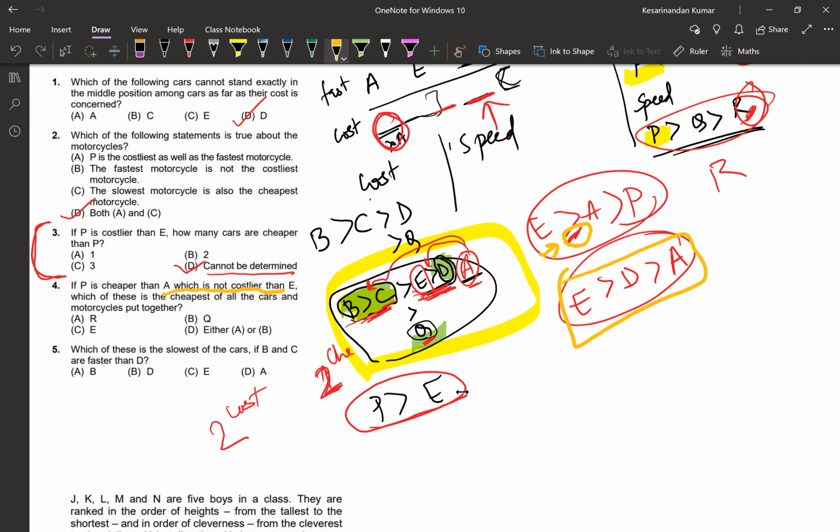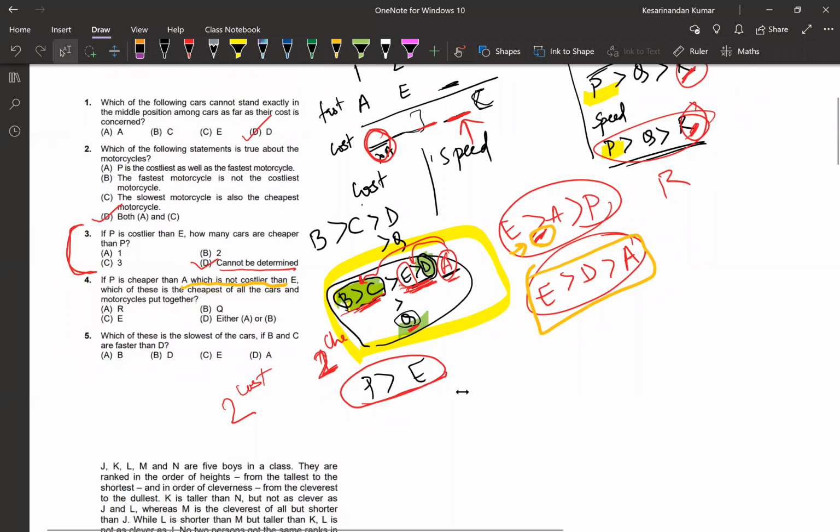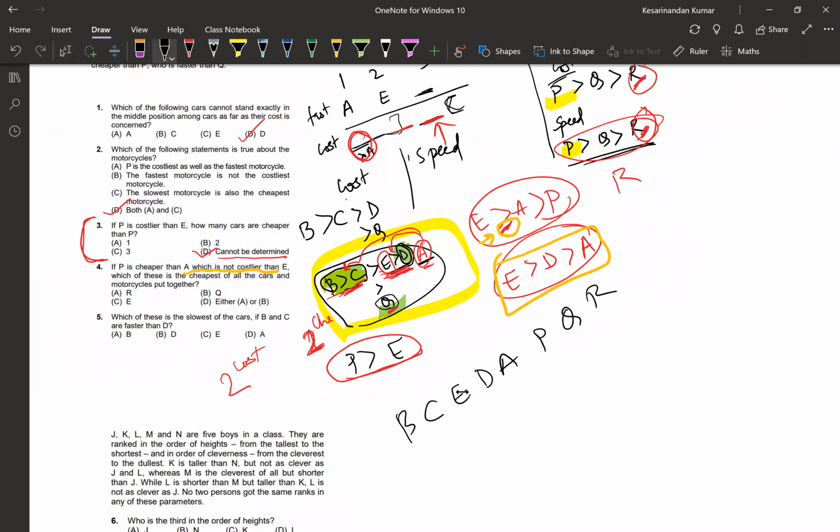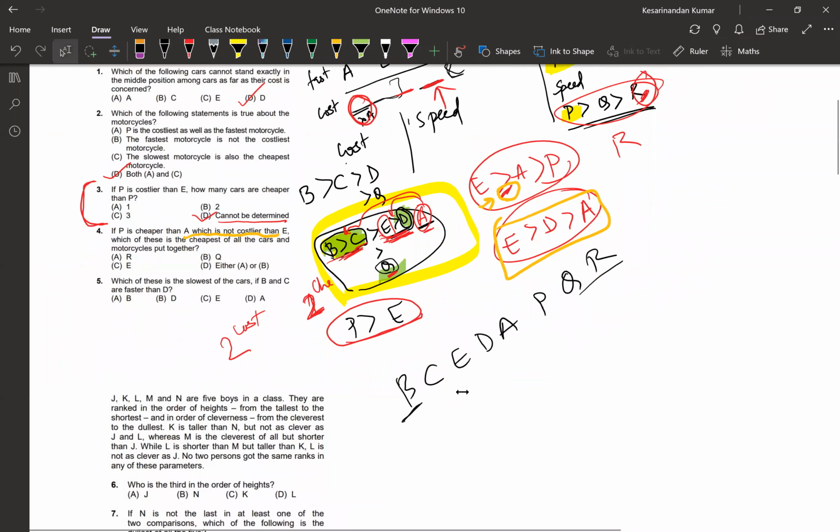Others, if the equal to sign kicks in, what will be the new order? Earlier, we had a clear order, and that was B, C, then we had E, D, A, and then we had P, Q, R. In this order, this is the costliest, this is the cheapest. Now, if the equal to sign kicks in, B, C will remain the same, E, and then what can happen?